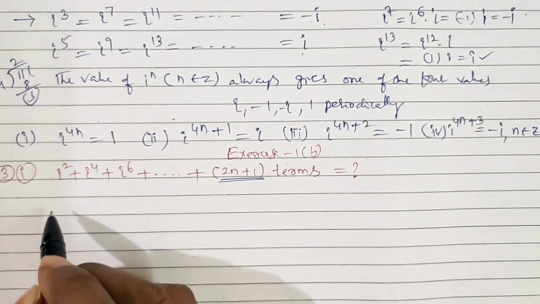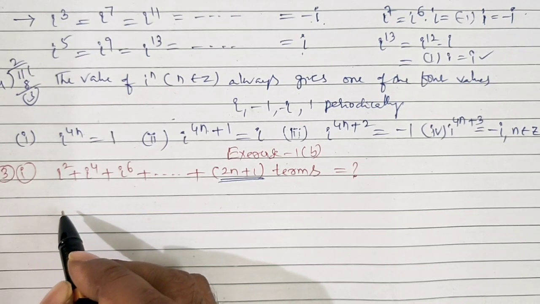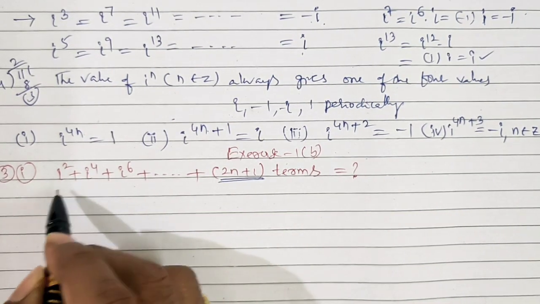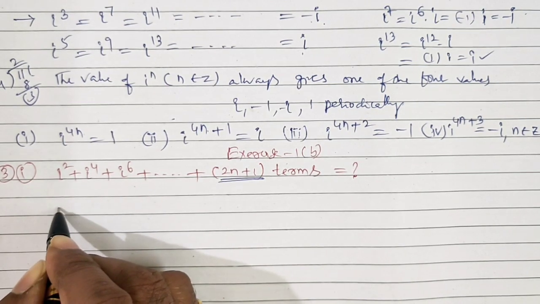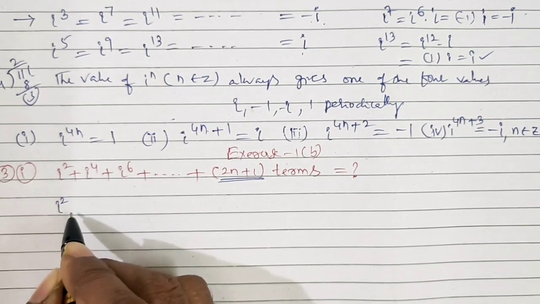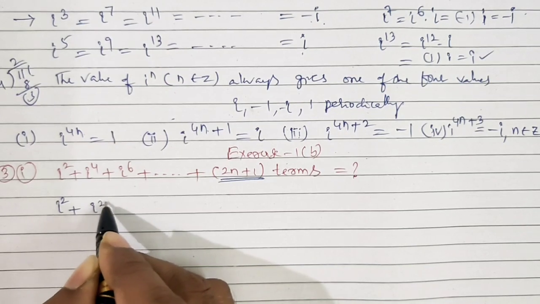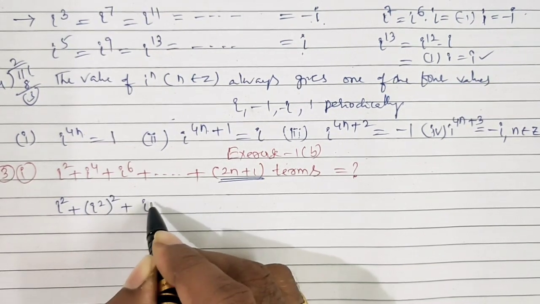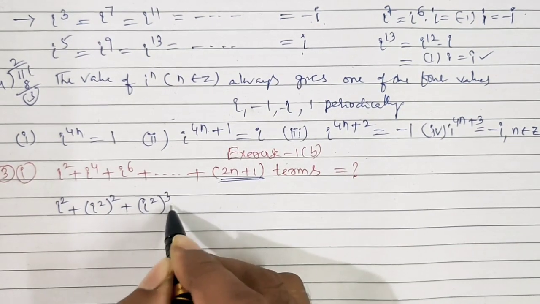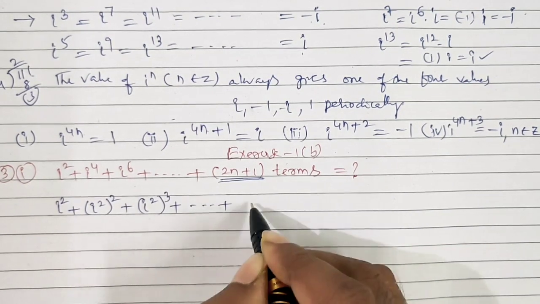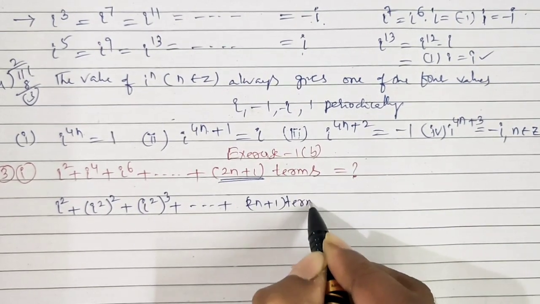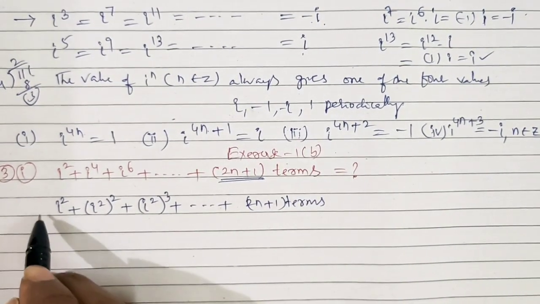In this order, as we know the value of i square is minus 1, I am going to write this in terms of i square. So this can be written as i square plus i power 4 can be written as i square whole square plus i power 6 can be written as i square whole cube plus so on, up to 2n plus 1 terms. What is the meaning of 2n plus 1 terms?